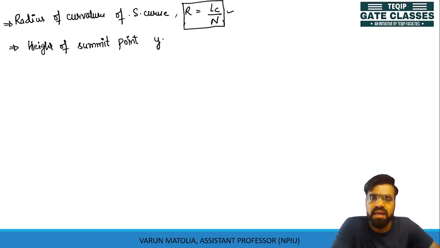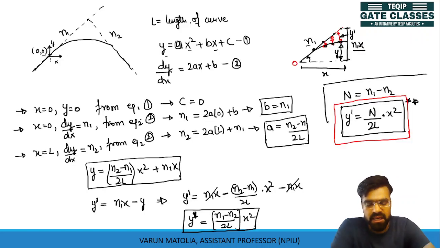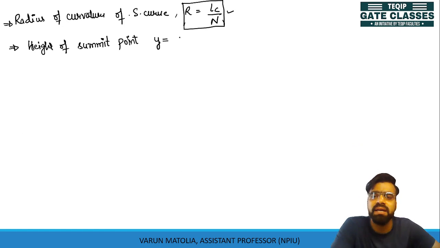The equation of y, as we have seen here, is (n2 minus n1) by 2l x square plus n1x.